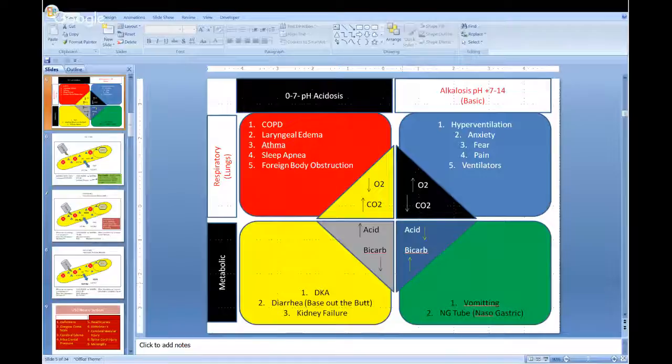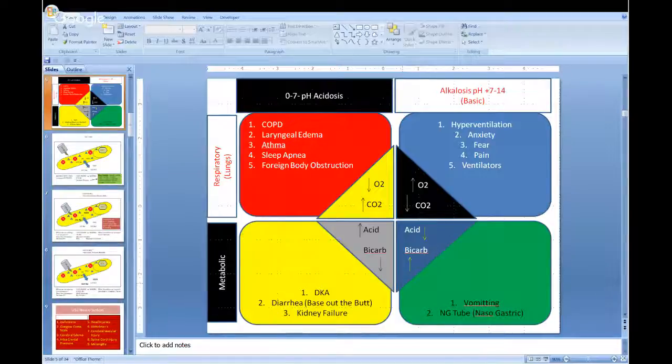So remember, uncompensated, pH will be high, 7.50, correct? One other value between bicarb and CO2 has to be pointing in the opposite direction, or down, for it to be respiratory.